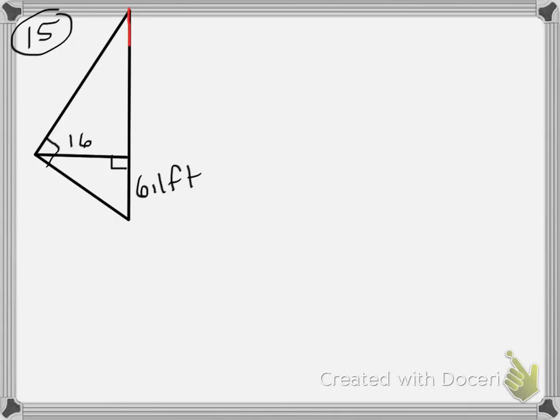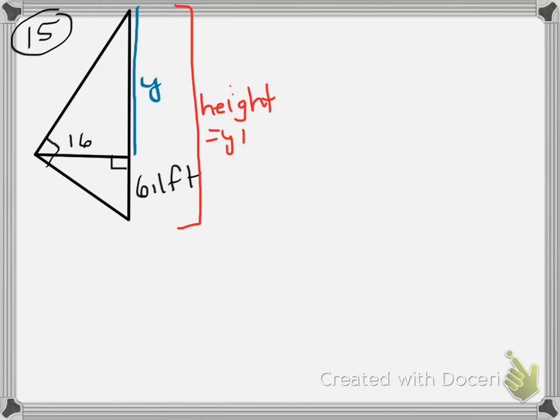What piece do we need to get that? We actually need just this piece right here. Let's call that Y, because when we add them together, we'll get the height. The height is going to be whatever Y is plus 6.1 feet.